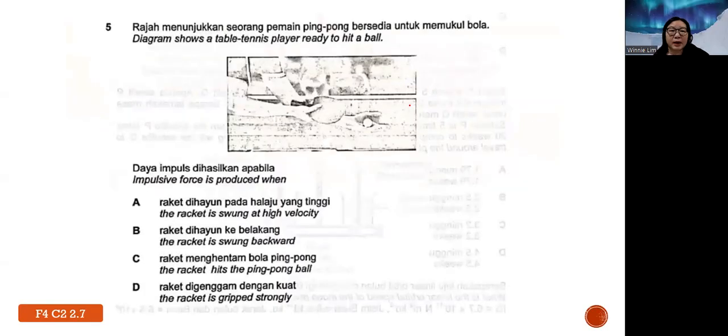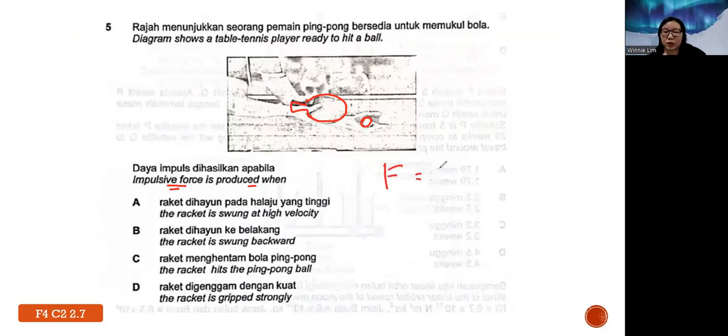Number 5, the diagram shows a table tennis player ready to hit a ball. Okay, the diagram is not so clear, but just for your understanding, this is the racket, and then this is the ball. So when is impulsive force produced? Again, what is impulsive force?